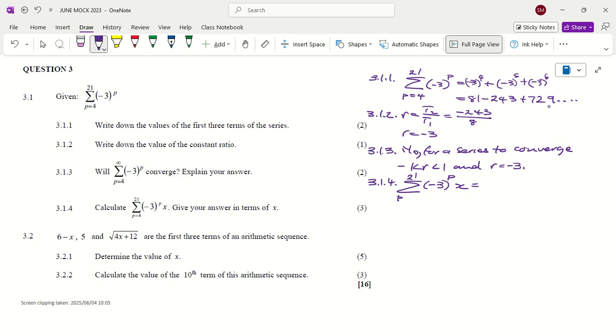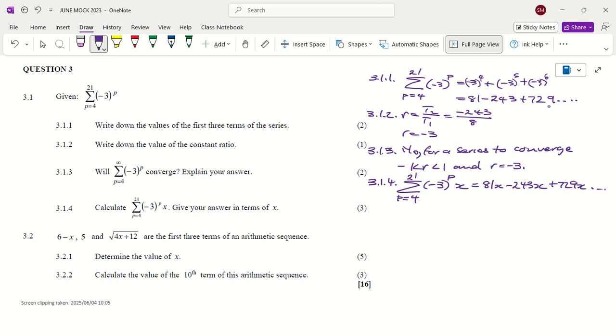So we'll have the first term. It will be p starts at 4, so -3 to the exponent 4, which is 81, but this 81 will be multiplied by x. Plus the next one, negative 243 multiplied by x, plus 729 multiplied by x.